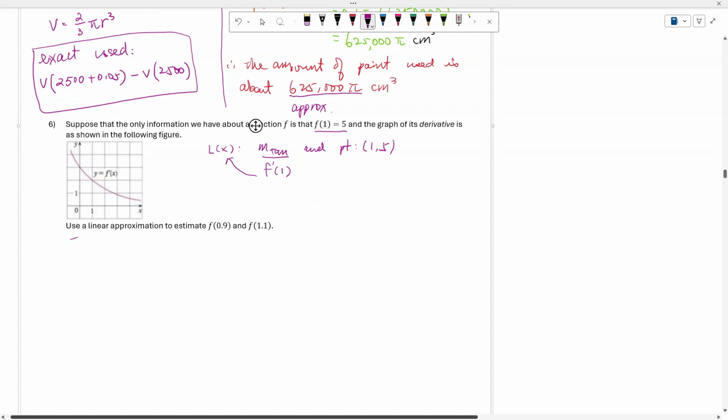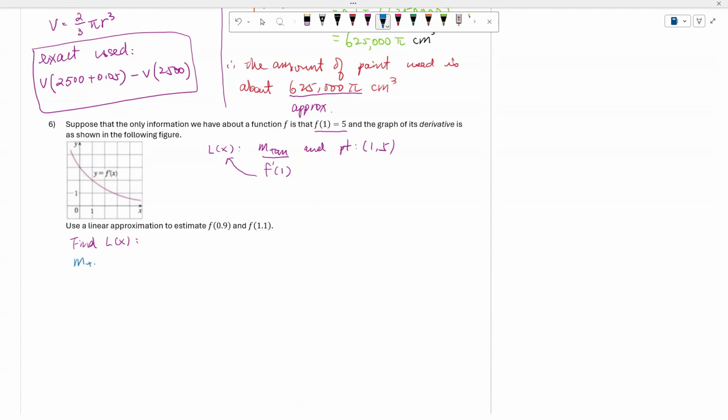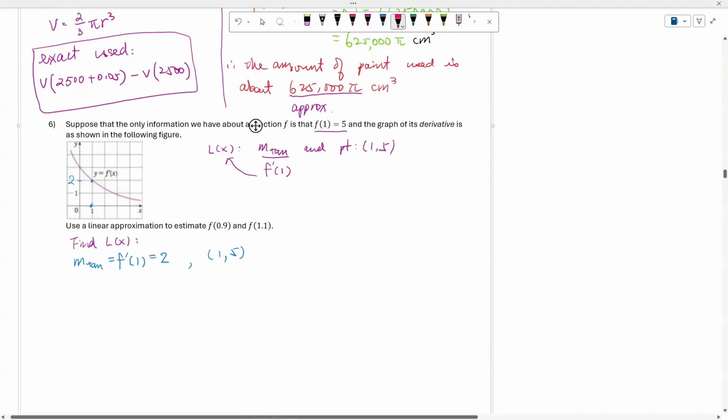Let's see how we actually find L of x. The slope of the tangent is equal to f prime of 1. From the graph, we know that f prime of 1 is equal to 2. And then we also have a point, (1, 5). So therefore, what we could do is use y minus 5 equal to 2 times x minus 1.